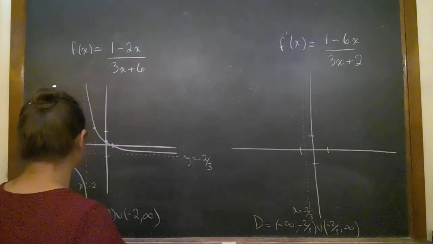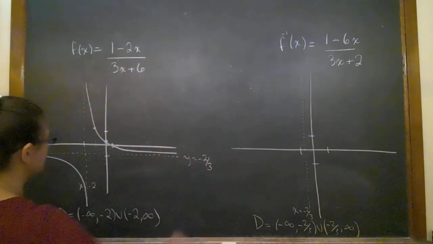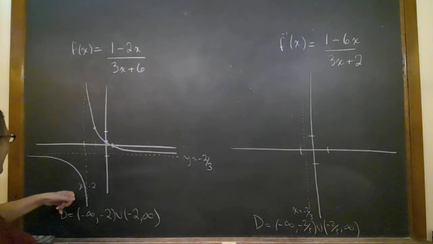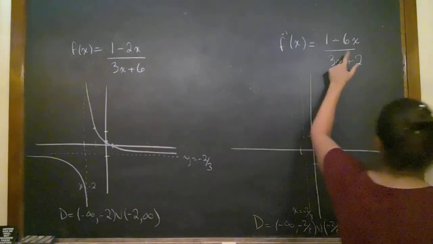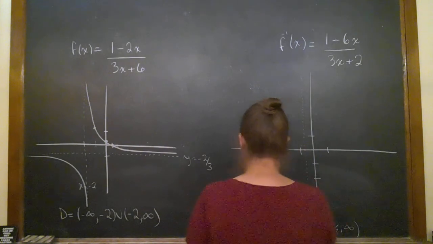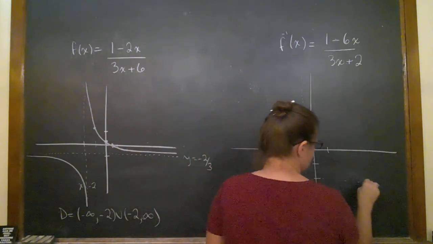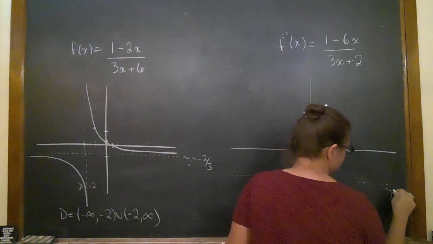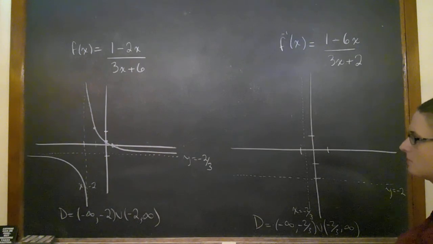So we would also expect our horizontal asymptote here on the f inverse to be the vertical asymptote here. And in fact, it is. If I look at the ratio of the coefficients here, I get -6/3. So I do have -2. So in fact, that range works out, right?